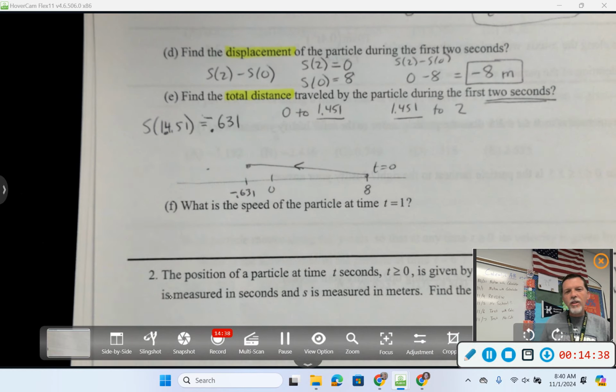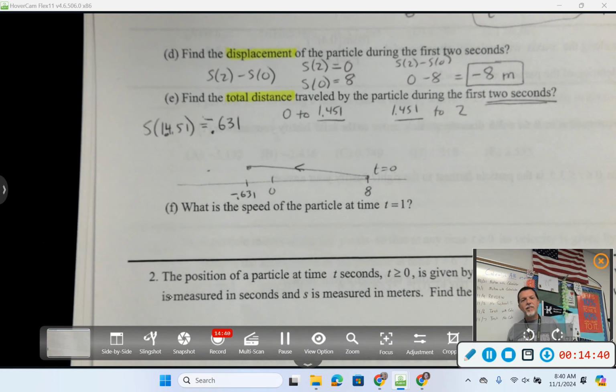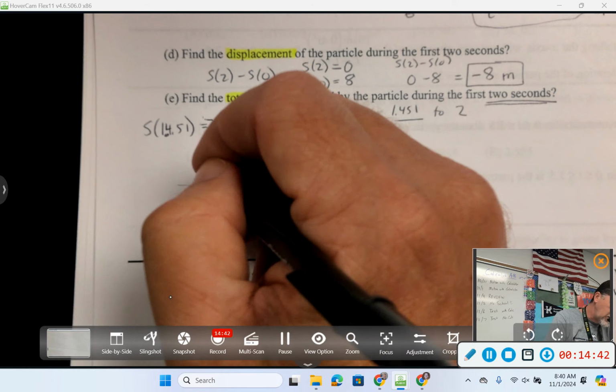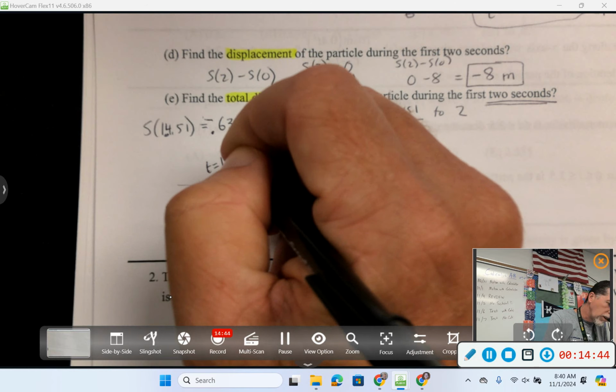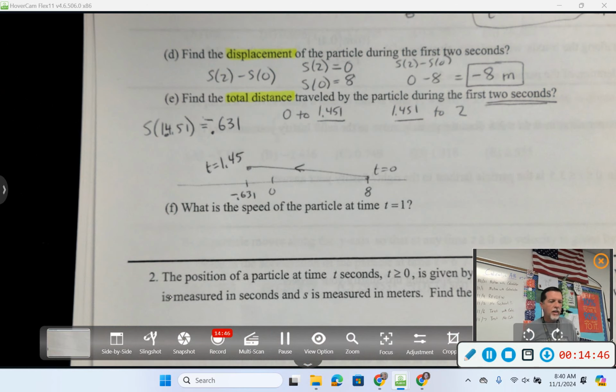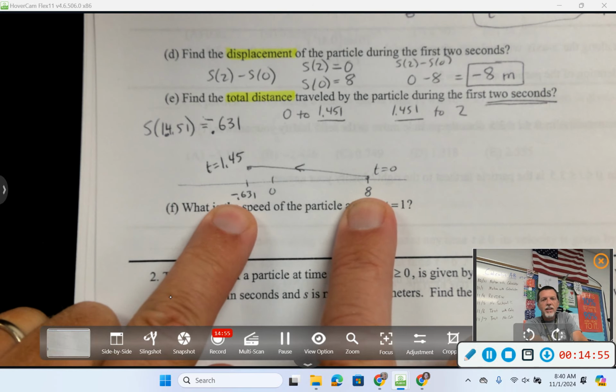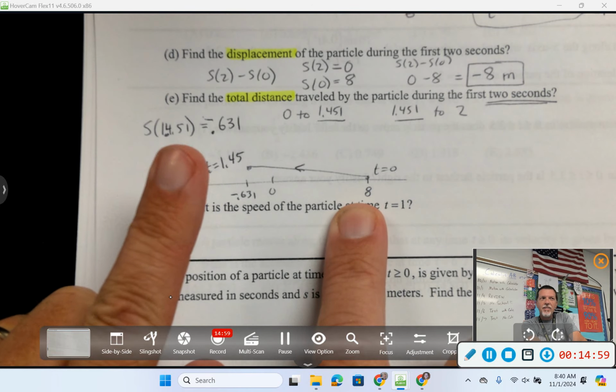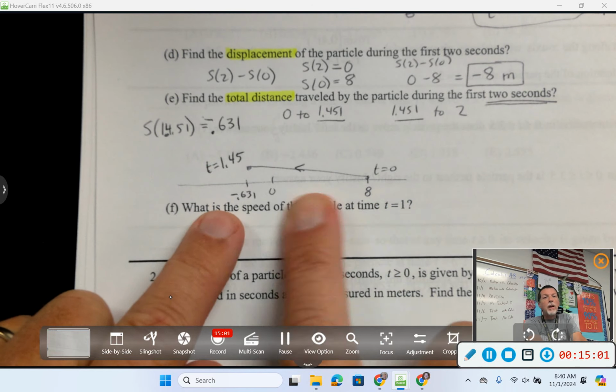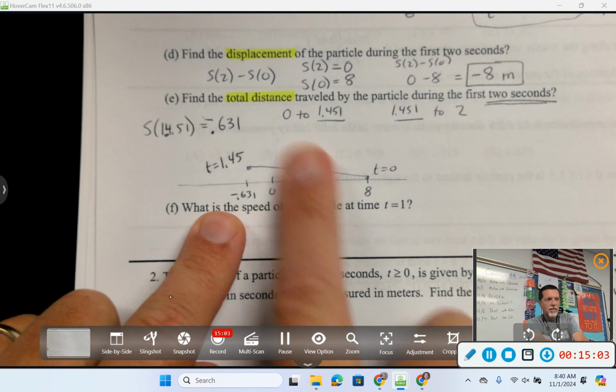Again, I don't have to draw the picture, but it helps me make sense of what's going on here. So how far did I travel from t equals 0 to t equals 1.451? But not the negative. I mean, I went backwards, but I just want distance.